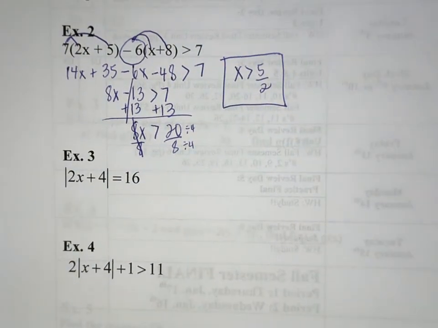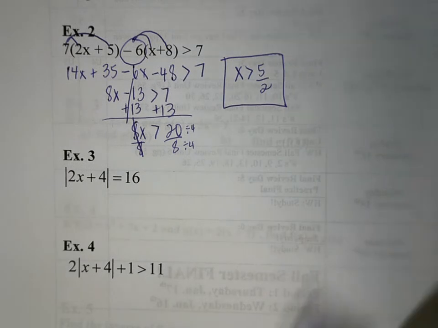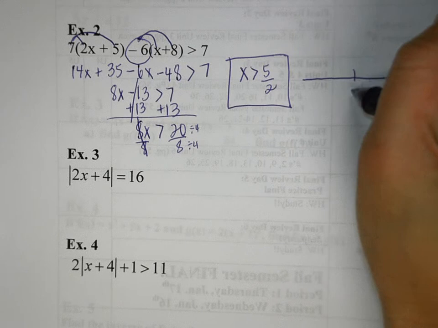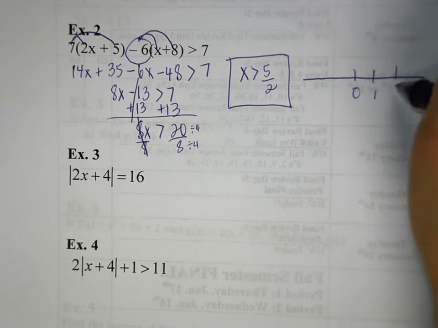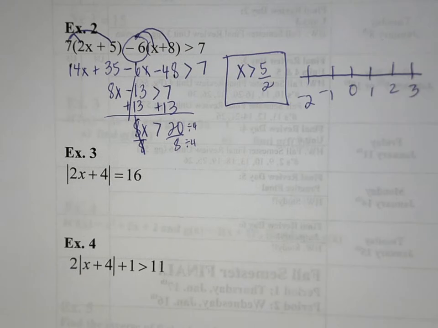And how would I graph that? What you need to be careful about is your final's a multiple choice. Okay, so on your final they'd have like 0, 1, 2, 3, negative 1, negative 2. So where is 5 over 2 on that graph?